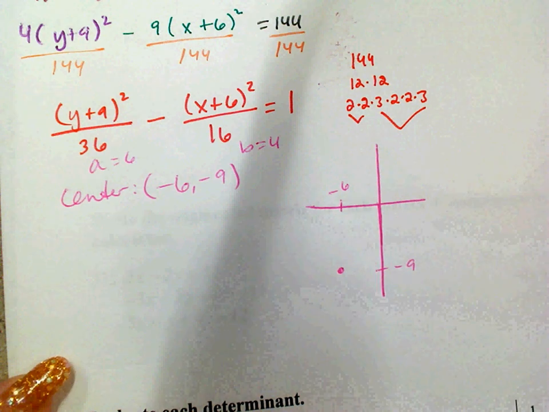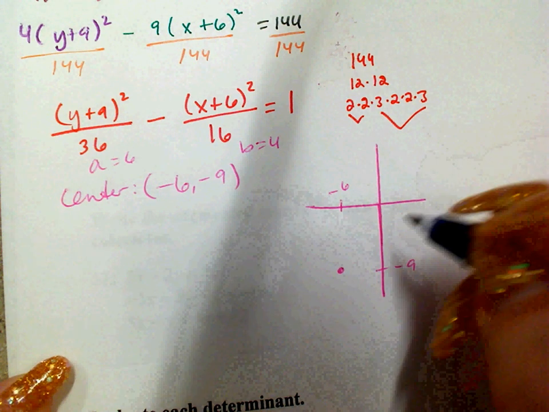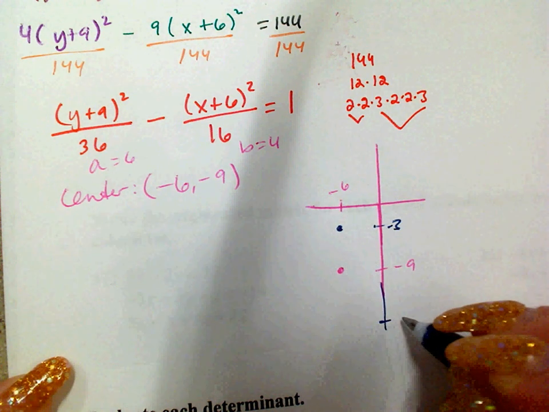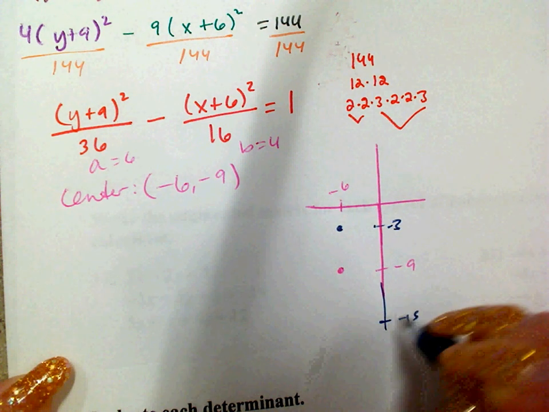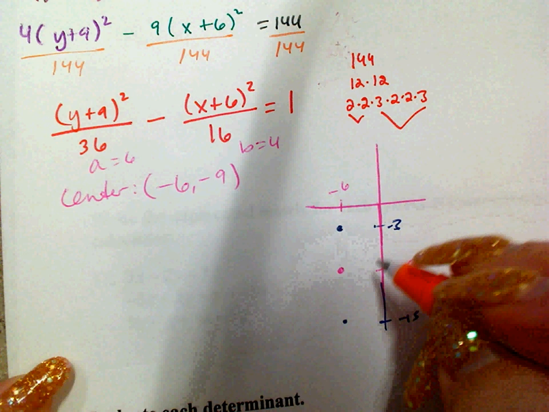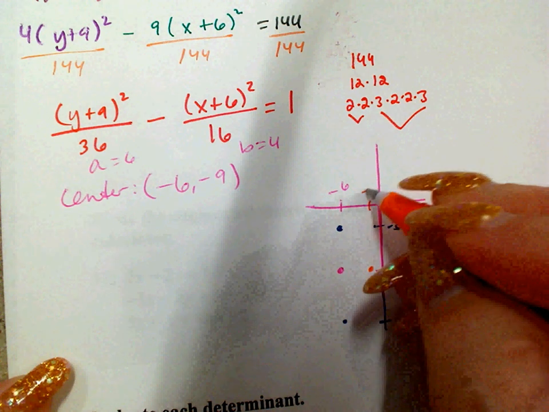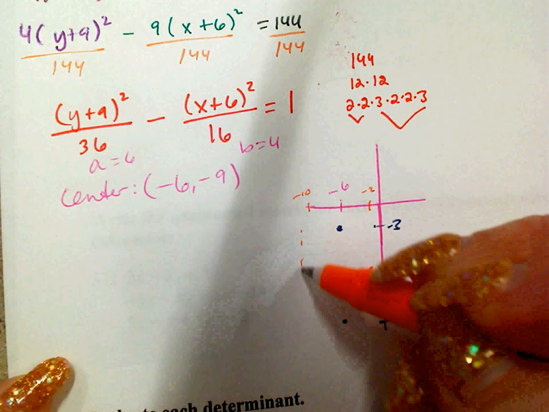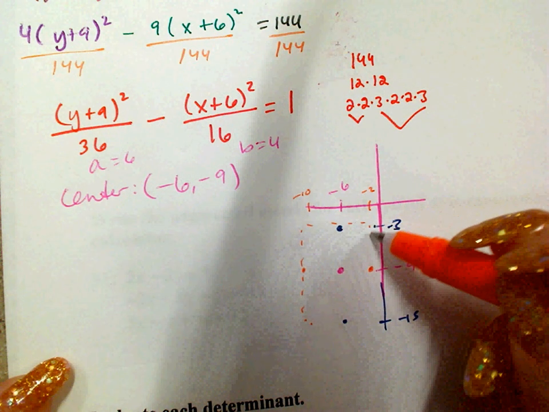So up 6 would be at -3, and down 6 would be at -15. And then my B, which is 4, if I go over 4 this way at -2, and then over 4 this way at -10, that actually just helps me create the rectangle that I would use to sketch it if I needed.